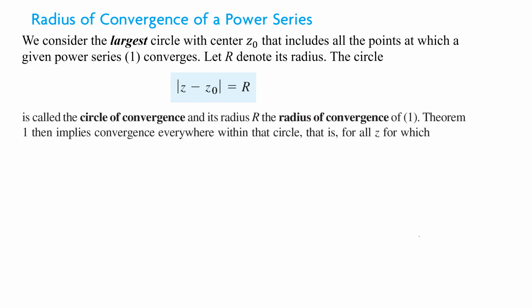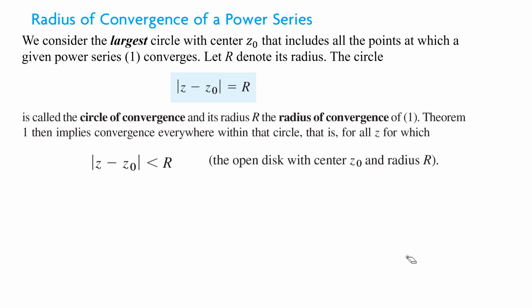The theorem implies convergence everywhere within that circle, that is for all z for which absolute value of z minus z0 is less than R. You see, this is a disk, or neighborhood of z0 with radius R.